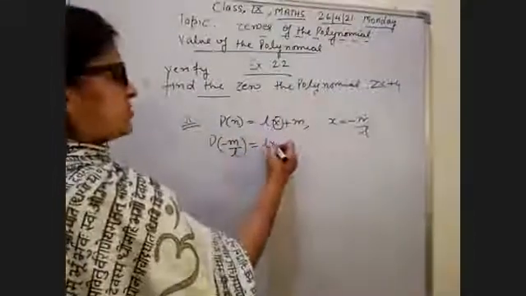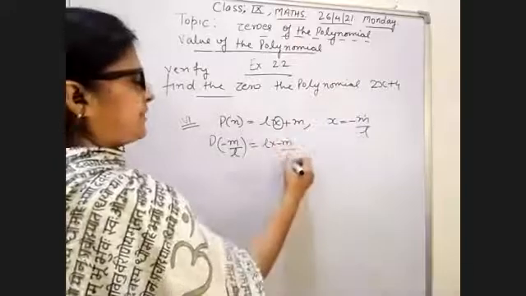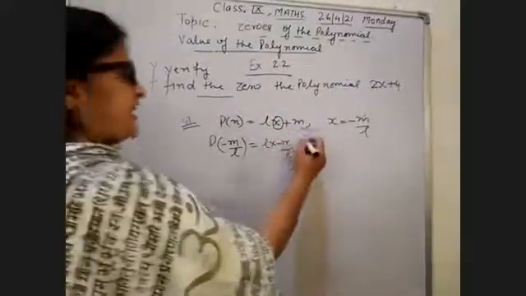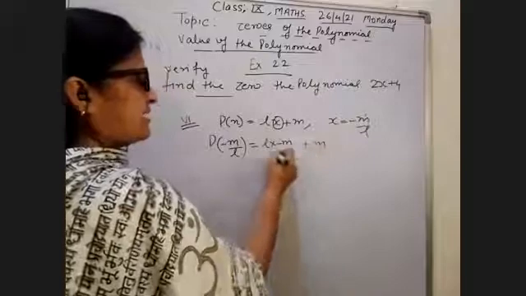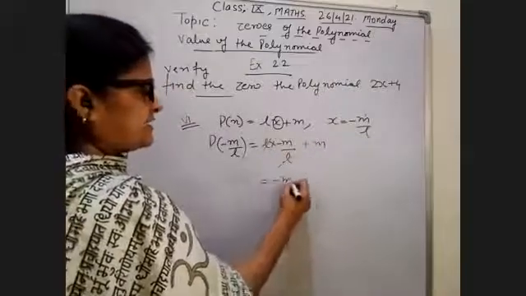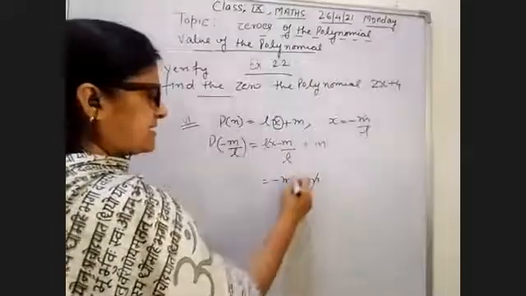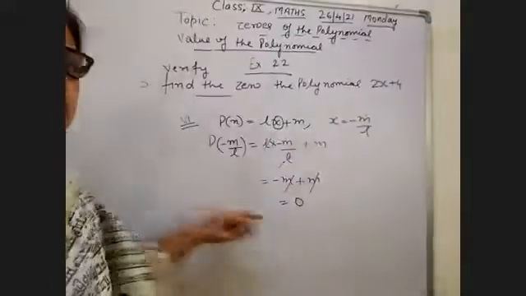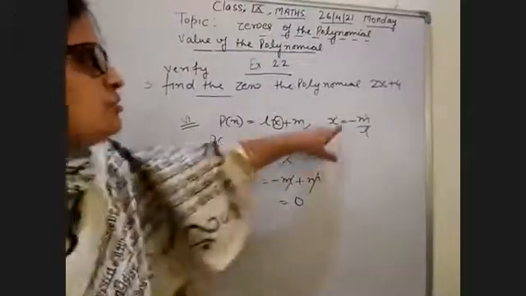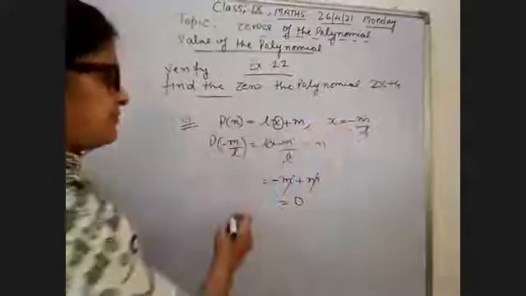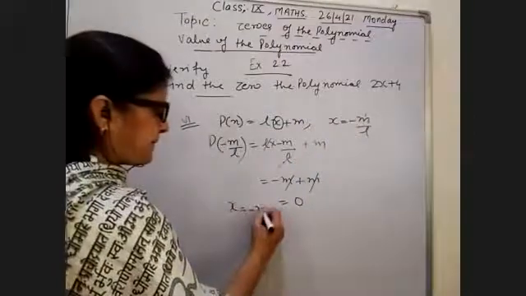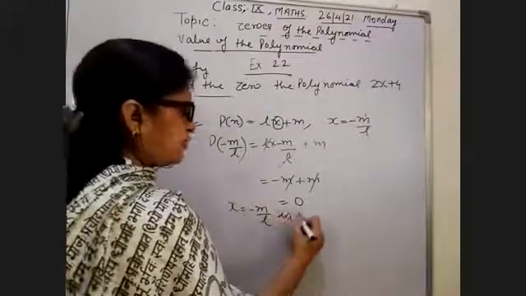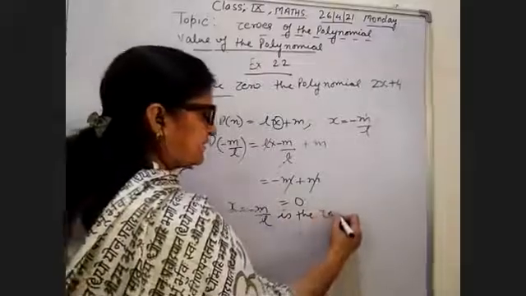So in place of x you put -m/l, plus m. Cancel l with l, -m plus m, cancel m with -m, it is equal to 0. So x equals -m/l is the 0 of the polynomial.